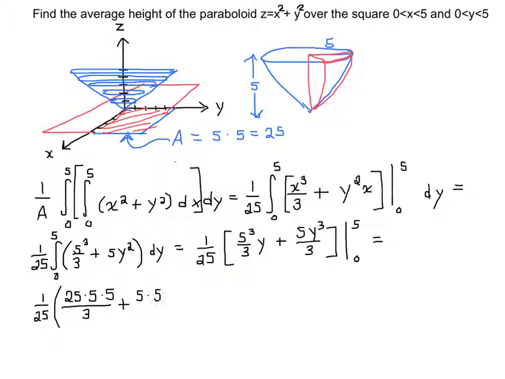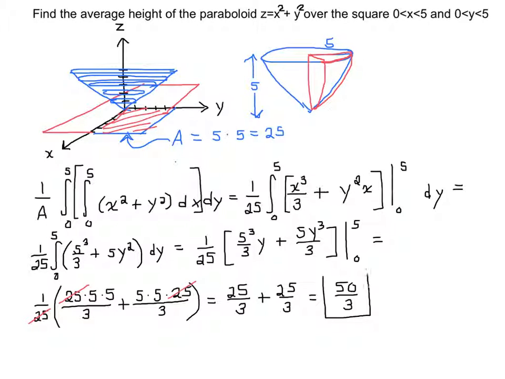I'm trying to factor it out so that we can see that we can cancel out the 25s. And so what we get is 1 over 25, the 25 is gone. So we get 5 times 5 is 25 over 3 plus another 25 over 3. And of course we have a common denominator. So our answer is 50 over 3 units. That's the average height, 1/3 of 50 exactly.